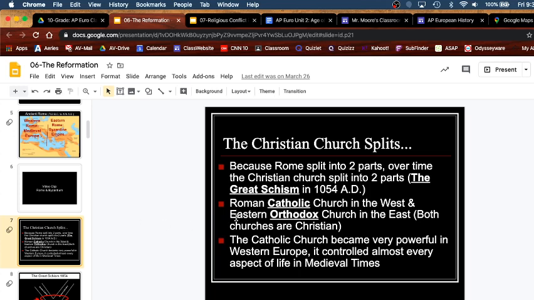These two things don't happen at the same time. Rome splits, the West falls apart, the East stays strong, but over time they start to evolve on different paths. And so we get the Roman Catholic Church in the West and the Eastern Orthodox in the East.